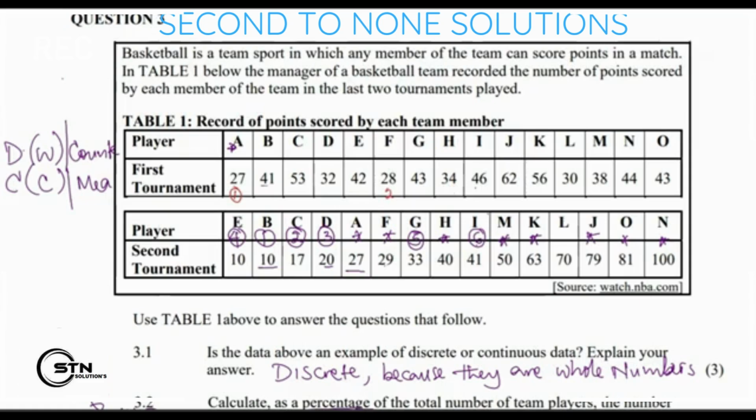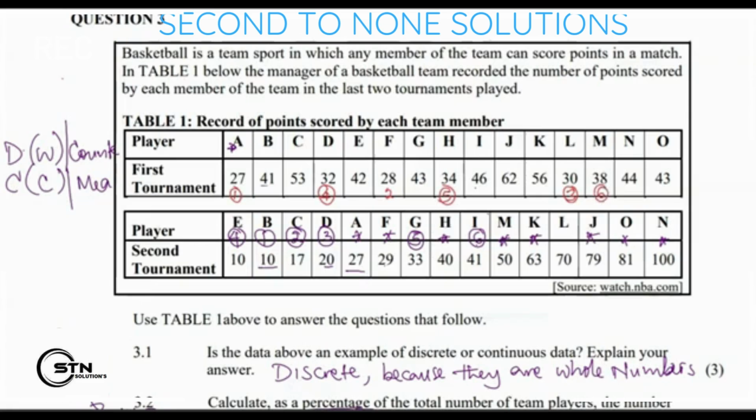We have a 30 here, which becomes number 3. Number 4 is 32. 34 is number 5. Number 6 is 38.